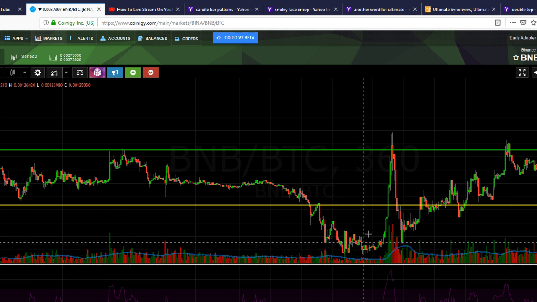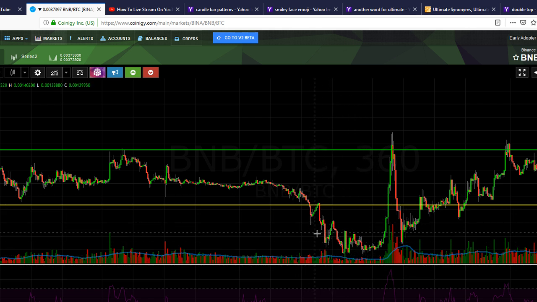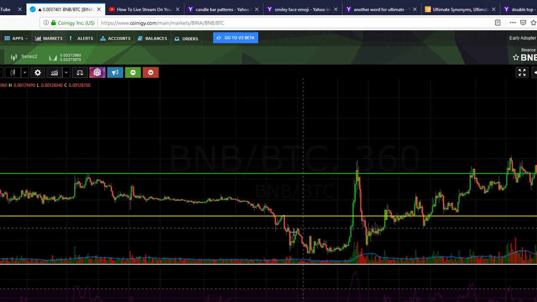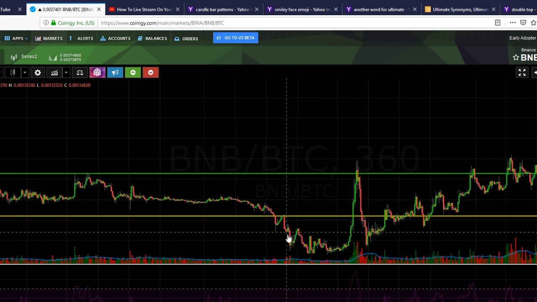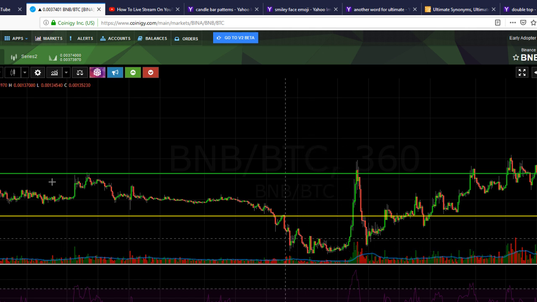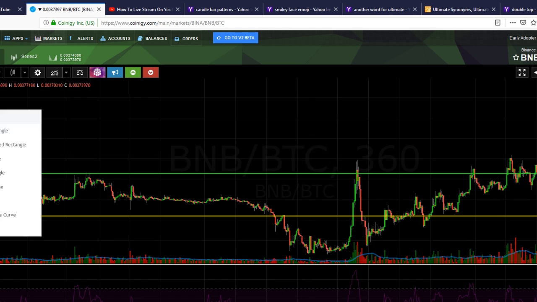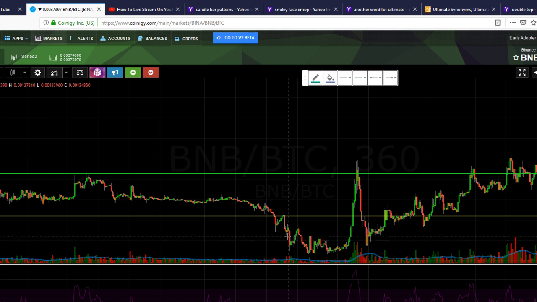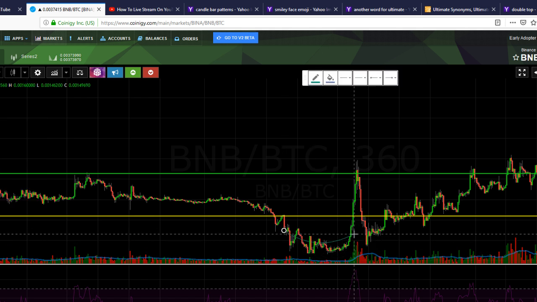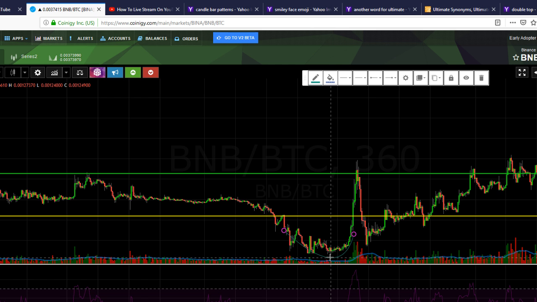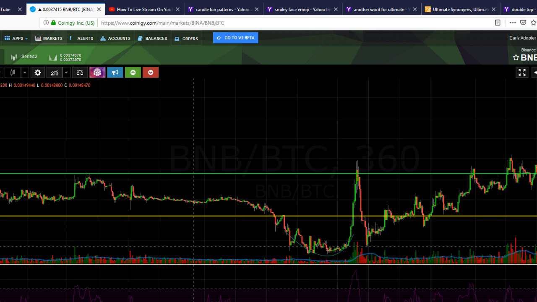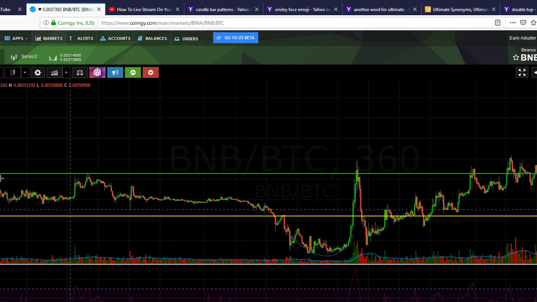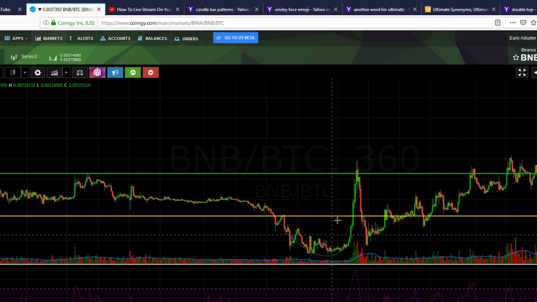Now, as we can see here, we traded below the yellow support line for not too long, but as soon as we made that, it's like this little U here. We had this nice little U here. Not for too long we traded here, only for a few days probably, and we boosted right up.